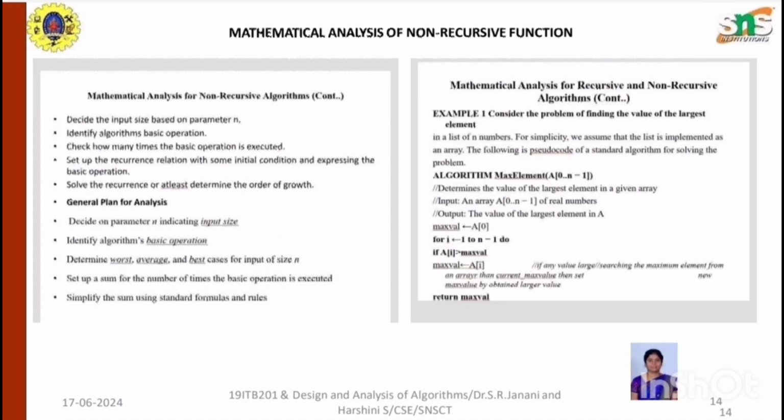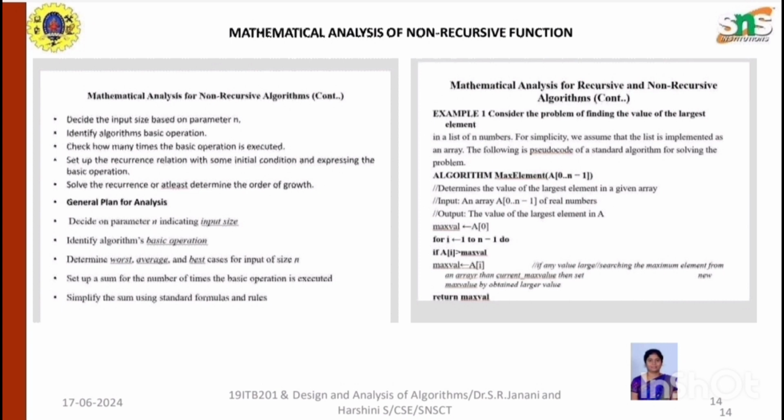Now let's move on to the mathematical analysis for non-recursive algorithms. Here we follow some steps. First, we need to decide the input size based on the given parameter. Second, we need to identify the algorithm's basic operation which has to be performed.